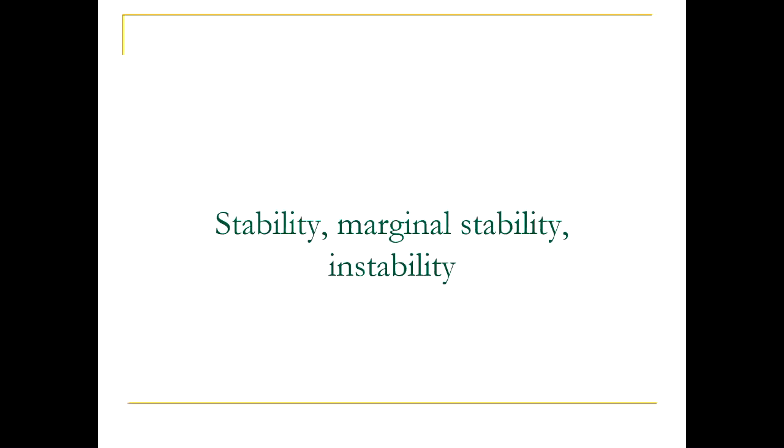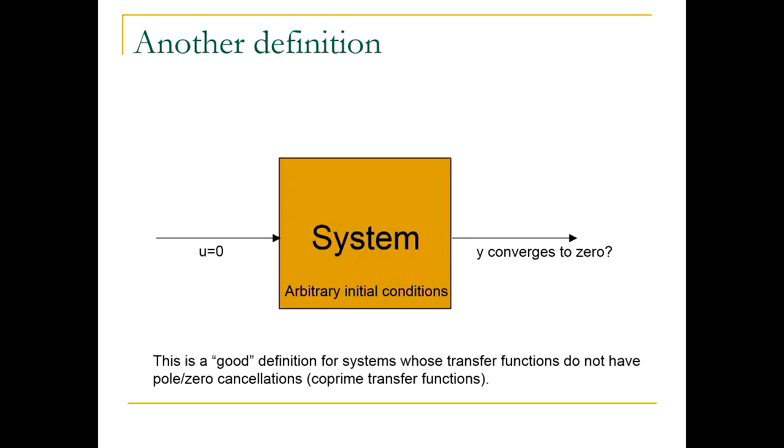Now I want to present a slightly different definition of stability, and this definition assumes zero inputs and just looks at the effects of initial conditions. If the initial condition is not exactly at the equilibrium I'm interested in, would the solution converge to the equilibrium, diverge from it, or stay close to it?